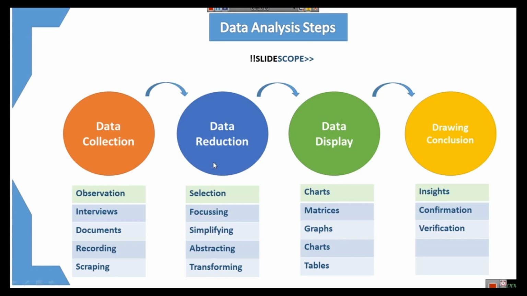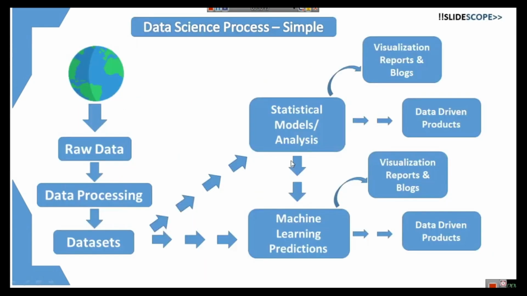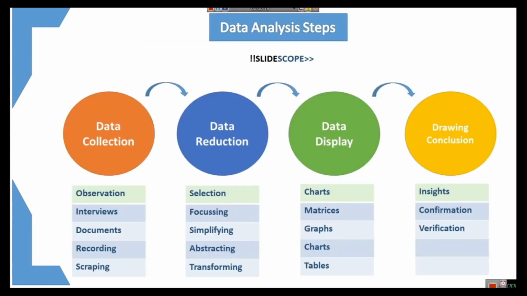So in our tutorial of data analysis, we will discuss data collection, we will discuss data reduction, and all the steps that you are seeing here, we will see practical examples of everything in the next parts of this data analysis series.